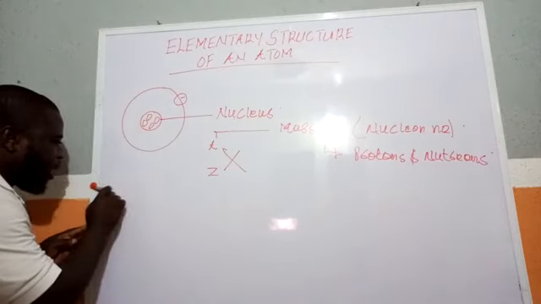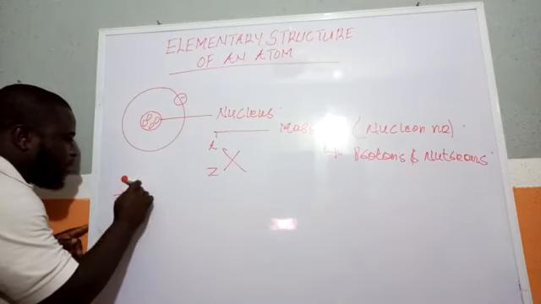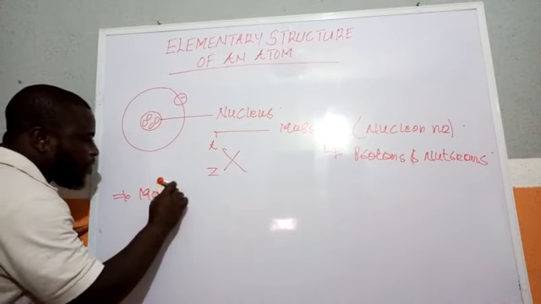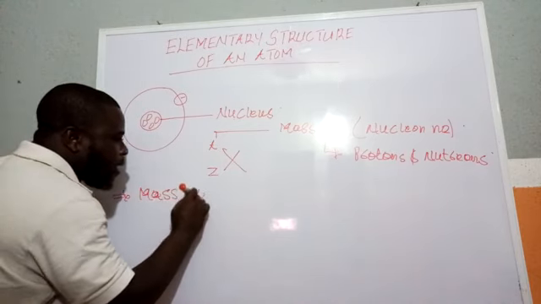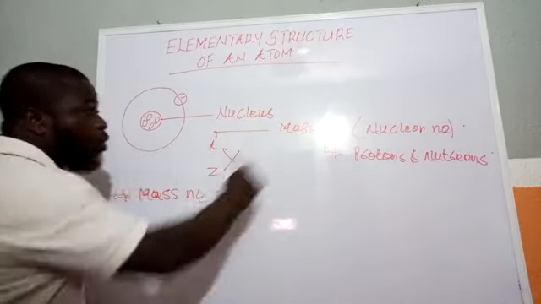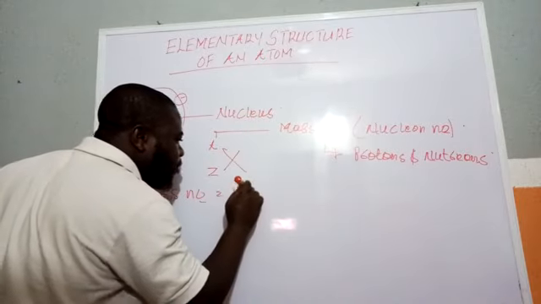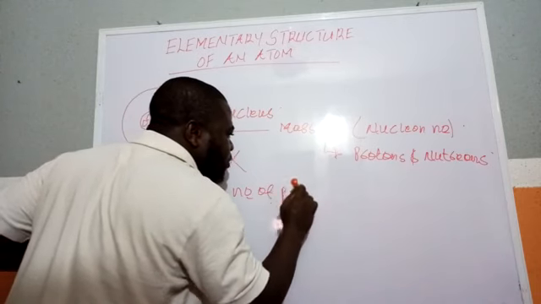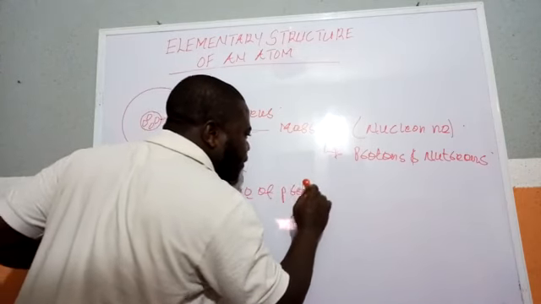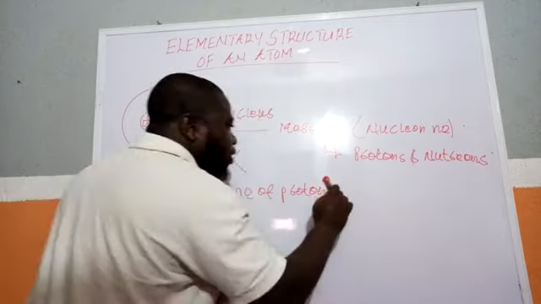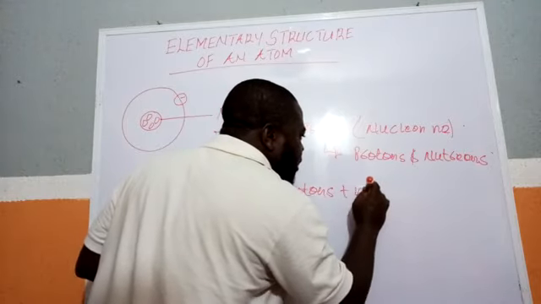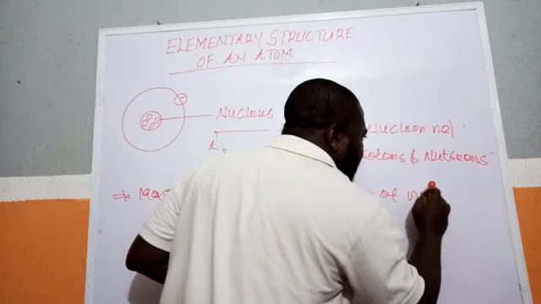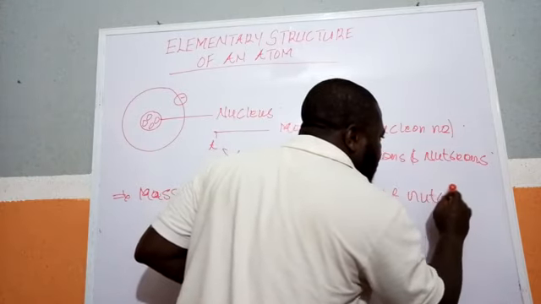You can have mass number equal to the number of protons plus the number of neutrons.